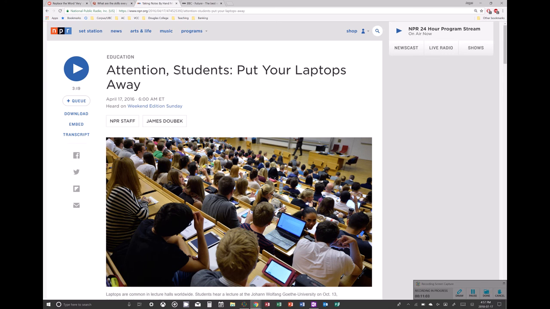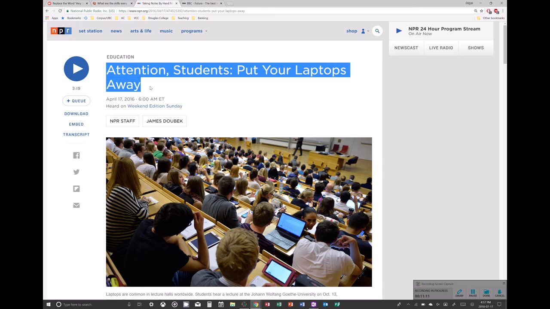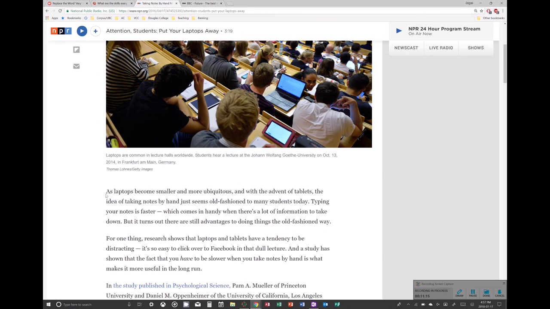The third one talks about using old pen and paper, putting your laptops away. Just by reading this title alone, put your laptops away, it doesn't really tell us why. We had to have read the first paragraph to know, oh, okay, there are still advantages of using pen and paper, doing things the old-fashioned way.